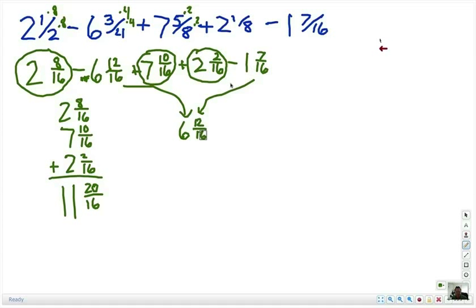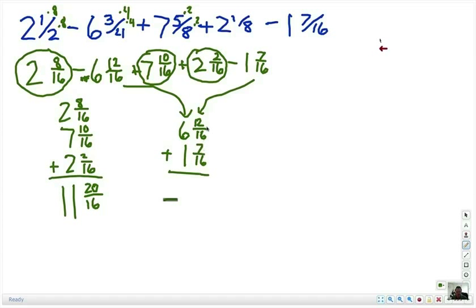I'm also trying to subtract 1 and 7/16. I'm going to basically take care of the added fractions first, then the subtracted fractions. Now, I'm going to add these together, but since I'm subtracting them, it's going to end up with a negative mixed number. In other words, I'm going to take this answer, take away this answer.